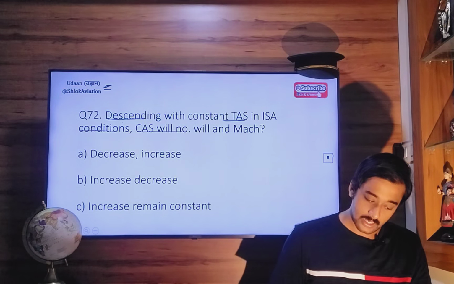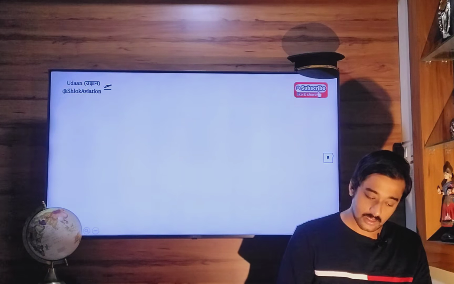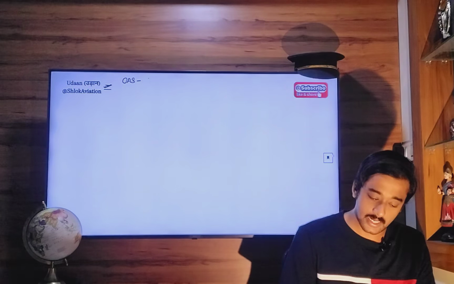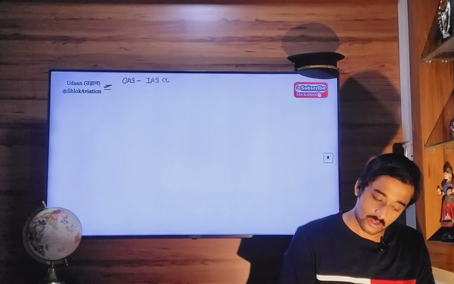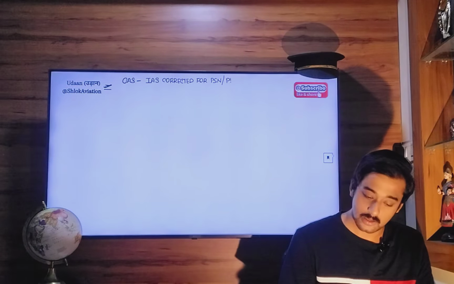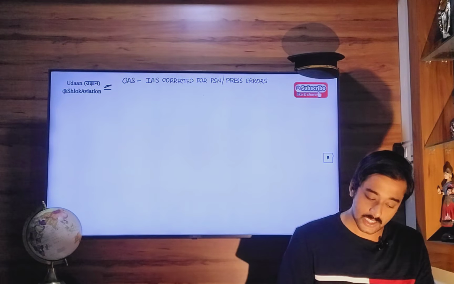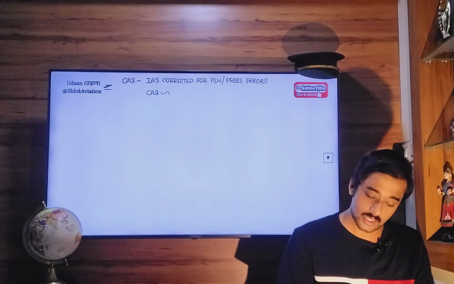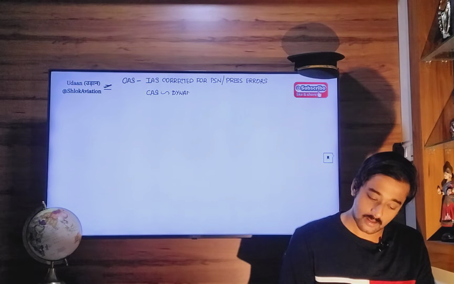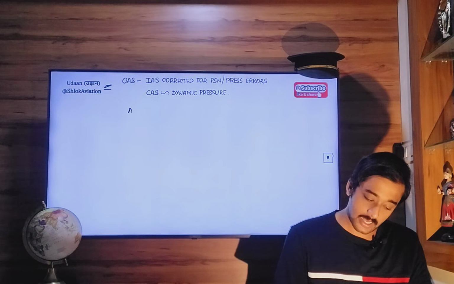Now, first, let's look at the case of calibrated airspeed. Calibrated airspeed is nothing but indicated airspeed corrected for position and pressure errors, right? Now this calibrated airspeed is nothing but an indirect representation of dynamic pressure. This dynamic pressure is measured by your airspeed indicator.